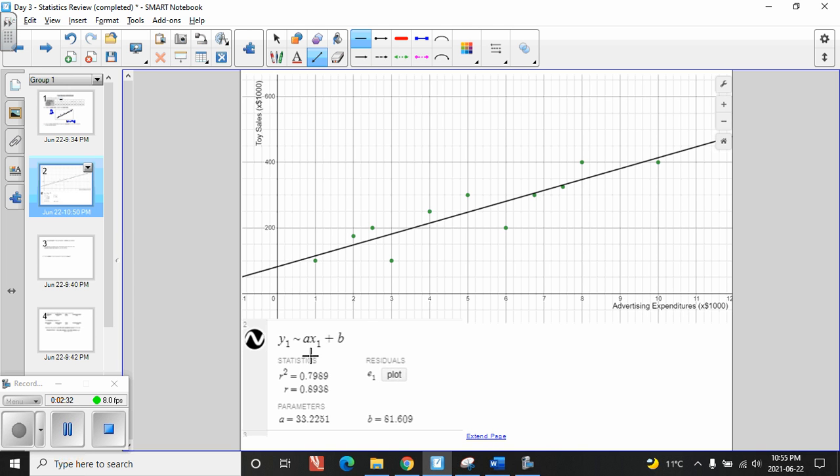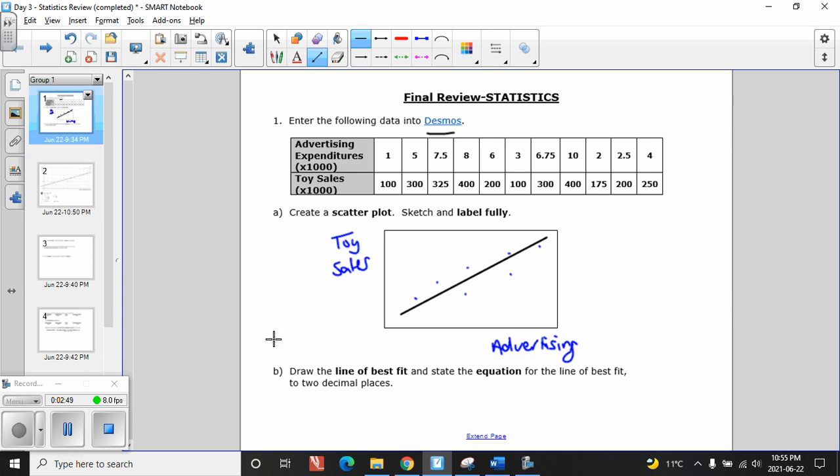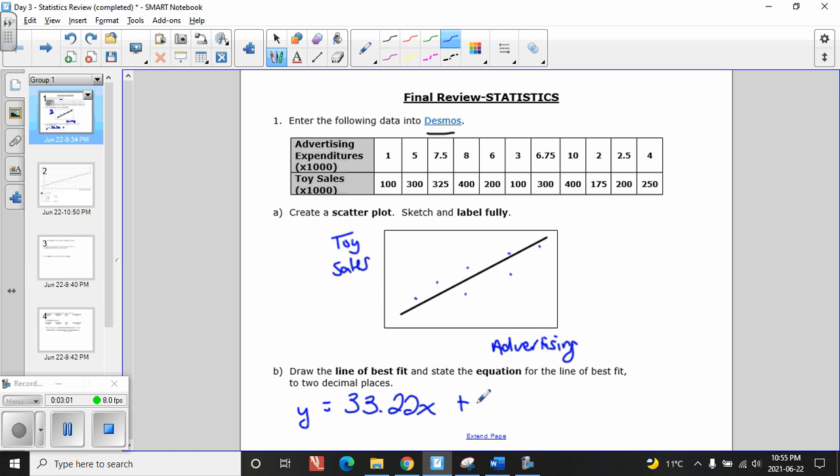Alrighty, so y equals ax plus b, or something multiplied by x plus something else. The a value is going to be 33.22, and the b value is 81.61.